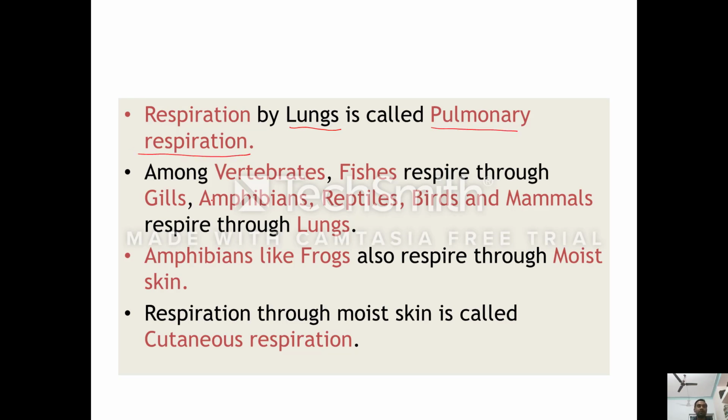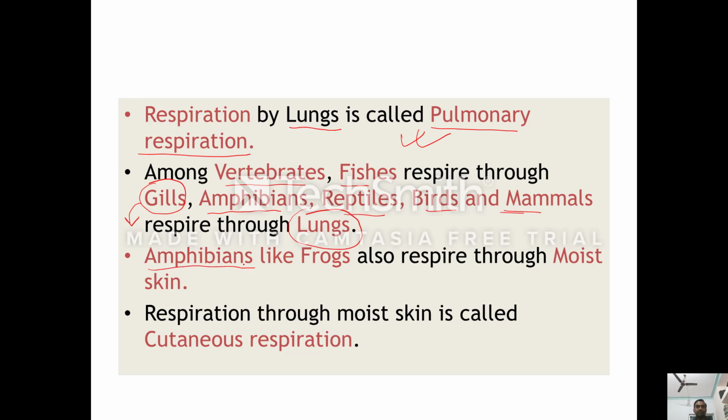Among the vertebrates, from the fishes to the mammals, in fishes respiration takes place through the gills, which is called branchial respiration. In amphibians, reptiles, birds, and mammals, respiration is through the lungs, and this is called pulmonary respiration.